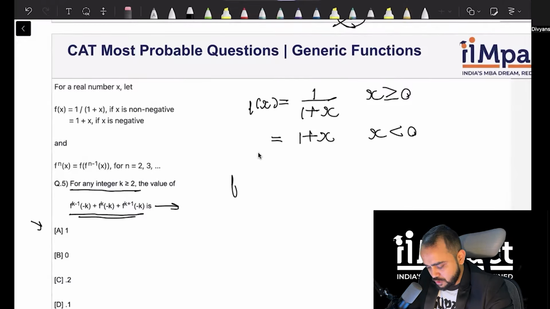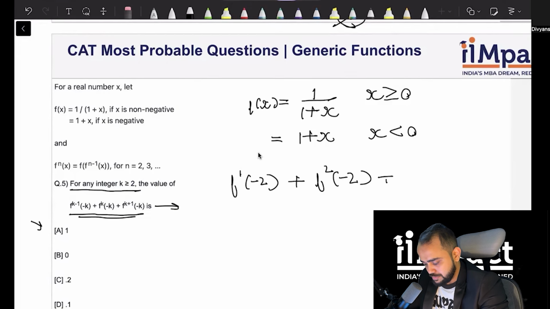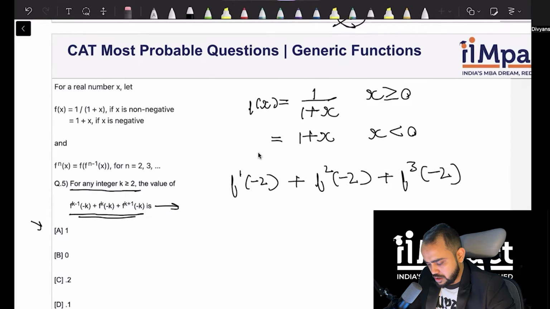So they are asking me for f of 1 minus 2 plus f2 of minus 2, the second iteration, plus f3 of minus 2. So I can quickly run this down. The input here for the first iteration is negative, right?